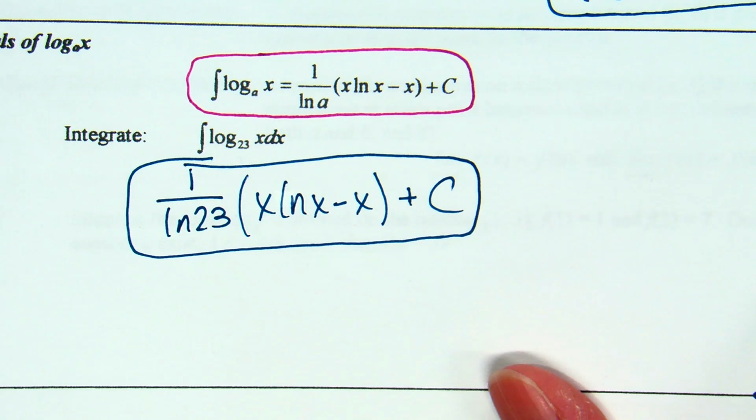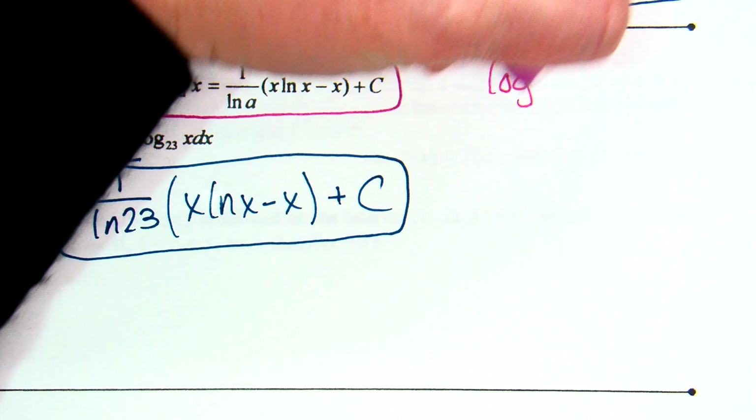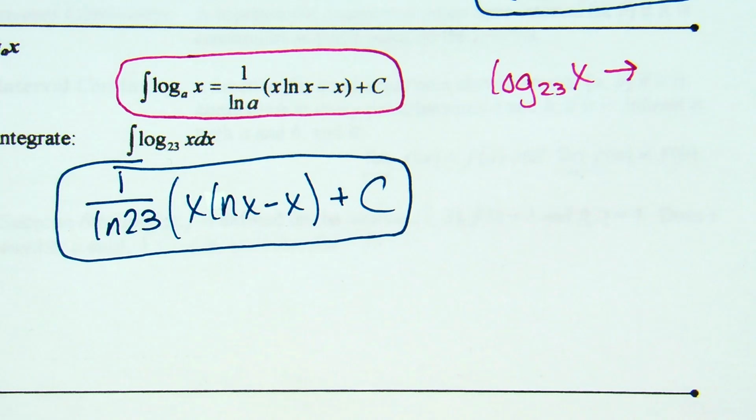Now, connecting thought here. We were asked to integrate log base 23 of x. How do you rewrite log base 23 of x using natural logs?